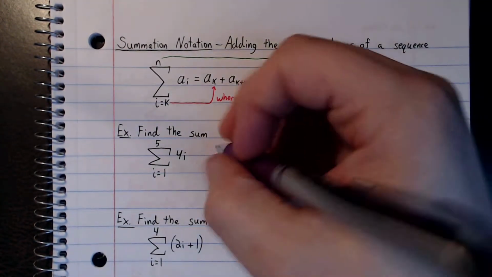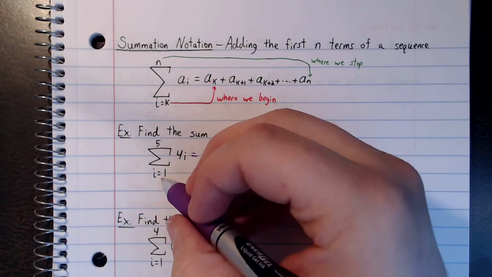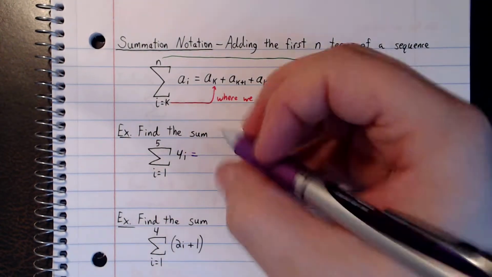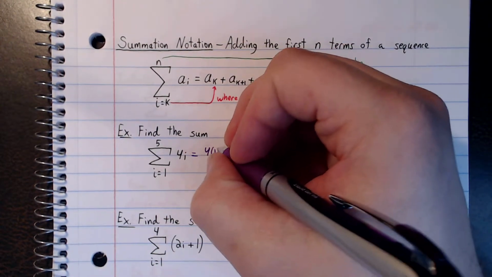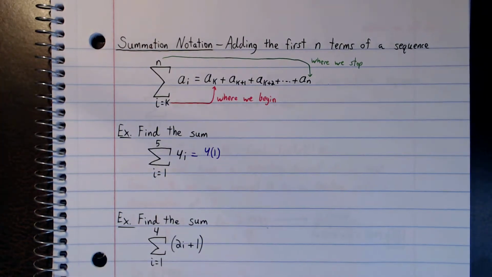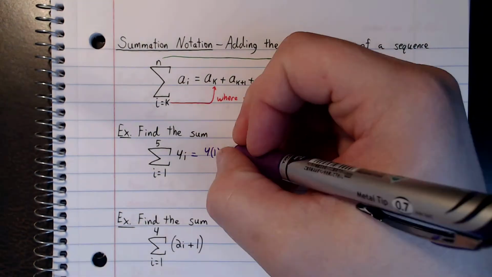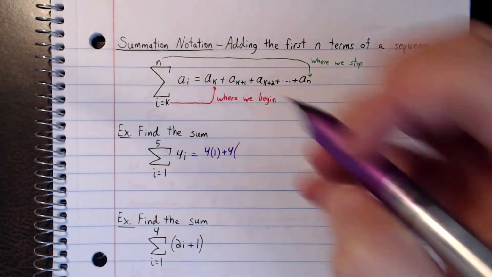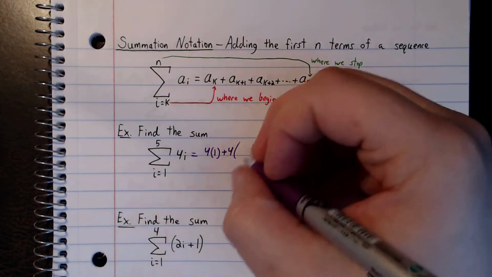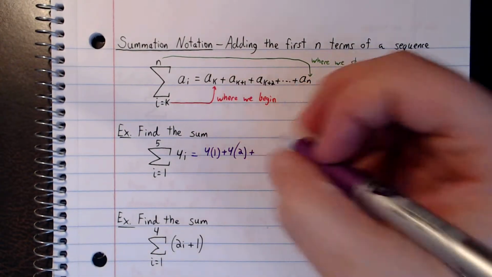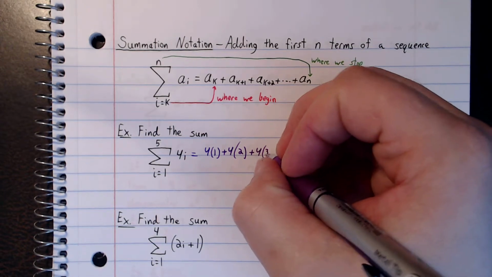So let's take a look at this first one. I'm going to start with I being 1. So I'm doing 4 times 1. But because it's summation, I have to add the next one, which would be 4 times 2. And then I'm going to add the next one, 4 times 3.